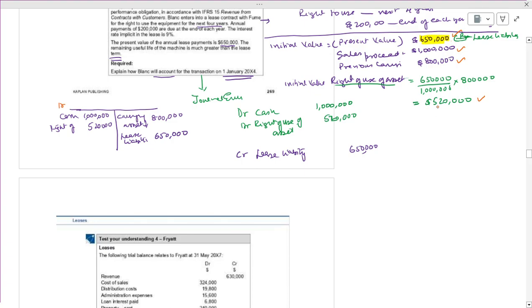This is debit, this is credit. Credit is the carrying amount, 800. Now, which side is more, which side is less?